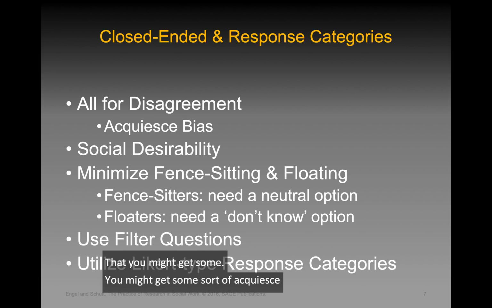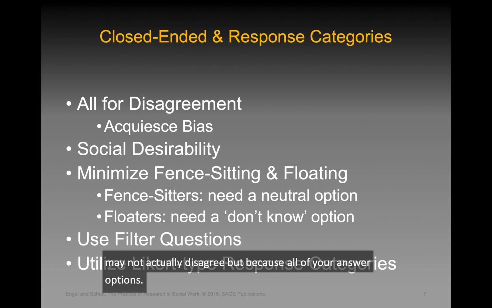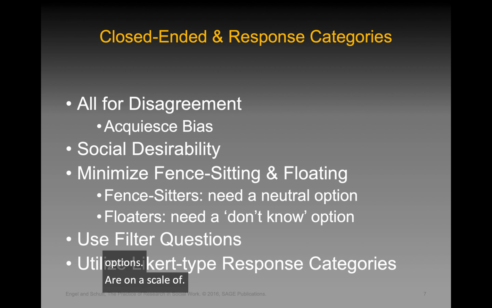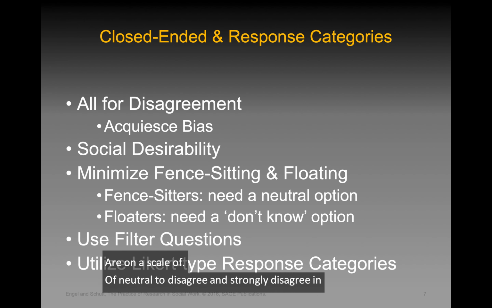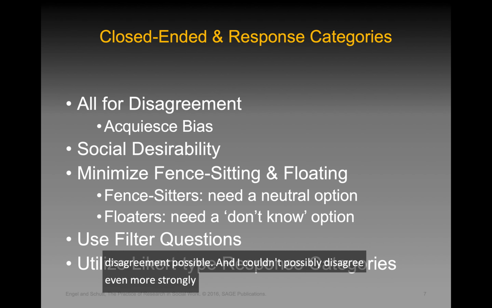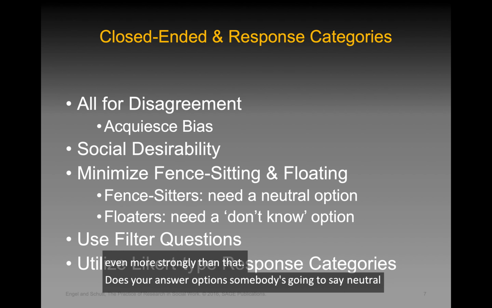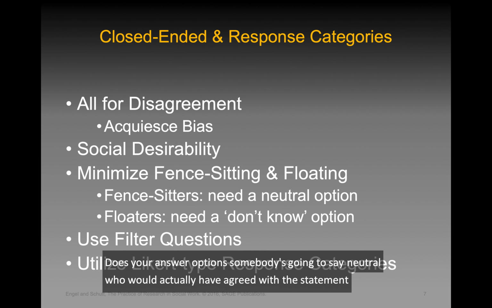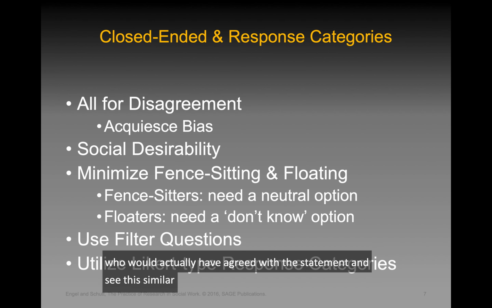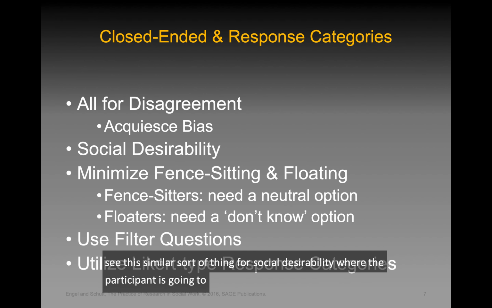So somebody may not actually disagree, but because all of your answer options are on a scale of neutral to disagree and strongly disagree, the strongest disagreement possible, and I couldn't possibly disagree even more strongly than that, those are your answer options. Somebody's going to say neutral who would actually have agreed with the statement. And it's a similar sort of thing for social desirability, where the participant is going to answer questions in a way that they expect the researcher wants them to.